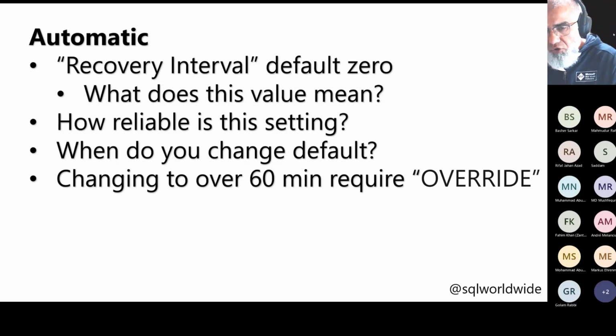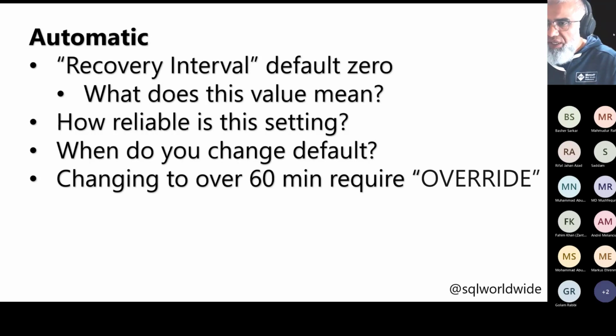So I would caution you before you want to change it. Make sure you understand what you are doing. Do not just use a bigger number, because you can set it to a large number, but understand the consequence, right? So if your recovery is taking significantly longer than 1 minute, and you do not have long running transactions that are being rolled back, then you should look at it.